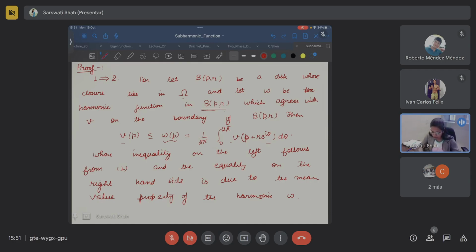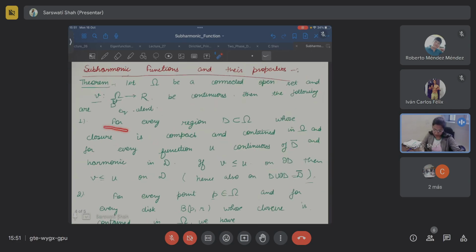So just notice this point, V is less than or equal to W of P. From where is it coming? We have been given from the first point that if D is any subdomain of the domain omega, whose closure is compact and contained in omega, then for every harmonic function U defined in D, and this function U is continuous on the boundary.